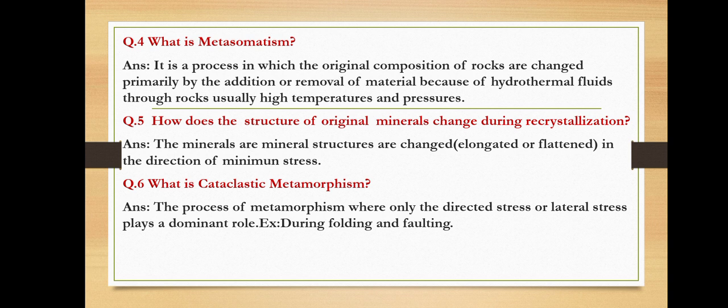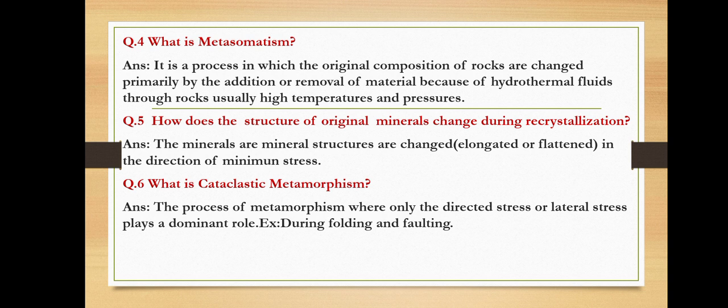What is metasomatism? It is a process in which the original composition of rocks is changed, primarily by the addition or removal of material because of hydrothermal fluids moving through rocks, usually at high temperatures and pressures. As I have already told you, metamorphism is nothing but changes in the composition, structure, and mineral orientation, right?